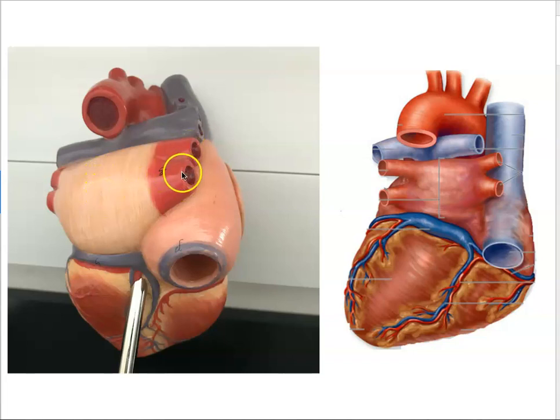These are the right pulmonary veins. Here's the left pulmonary veins, bringing oxygenated blood back from the left lung. On your diagram, left pulmonary veins, right pulmonary veins.